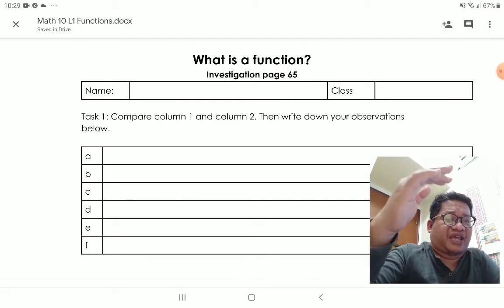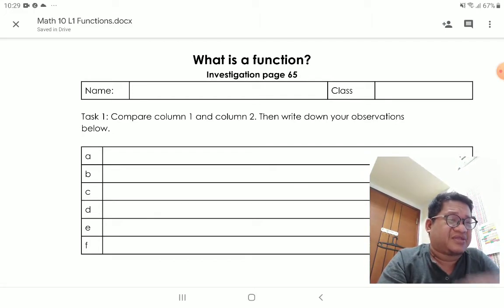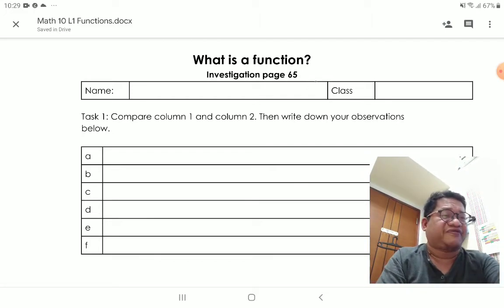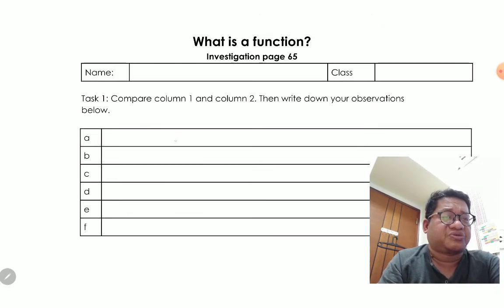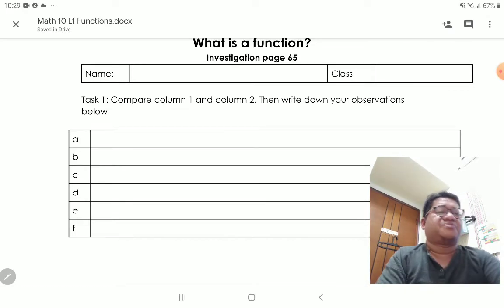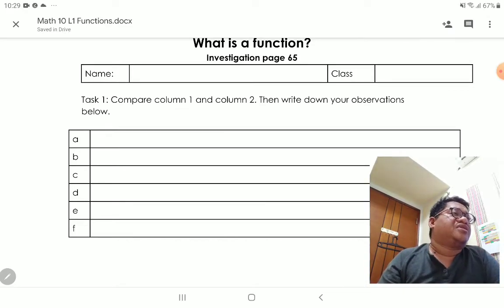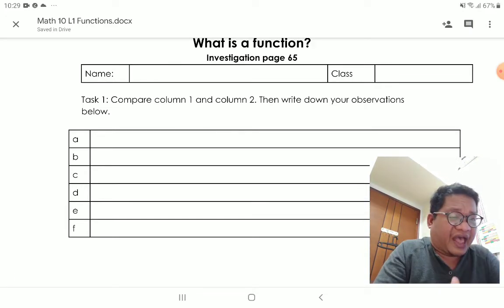So there are letters A to F in that page. I think it was page 63 in that investigation, or page 65 in that investigation. And then I just want you to write down here your answer. So for example, in column 1, are the y values repeated?